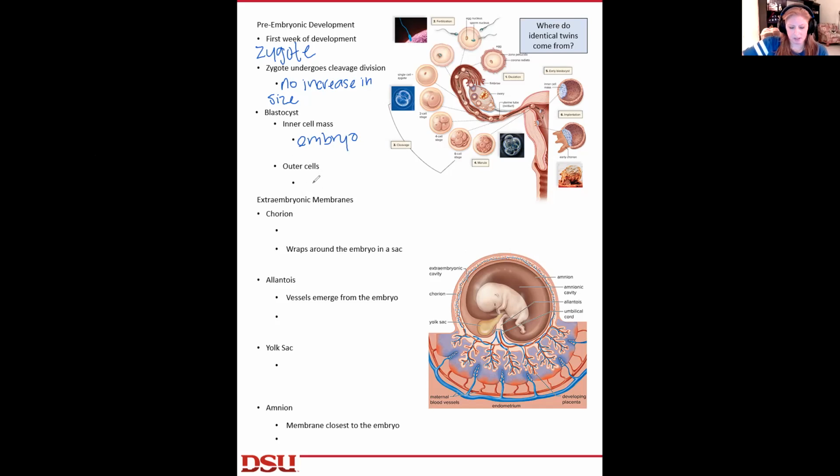And this is going to become the chorion, or the fetal side of the placenta. That's an R, everybody. Okay, so again, chorion, fetal side of the placenta.